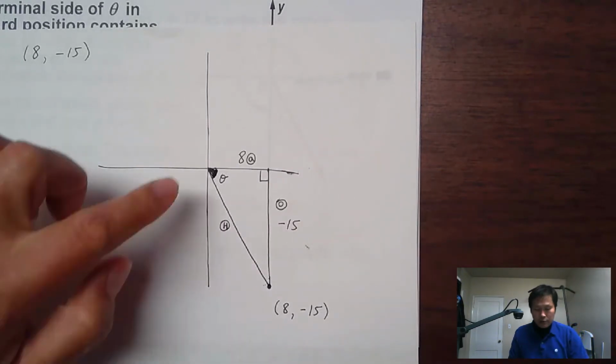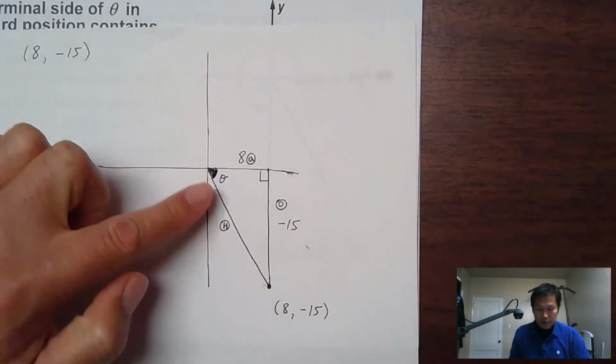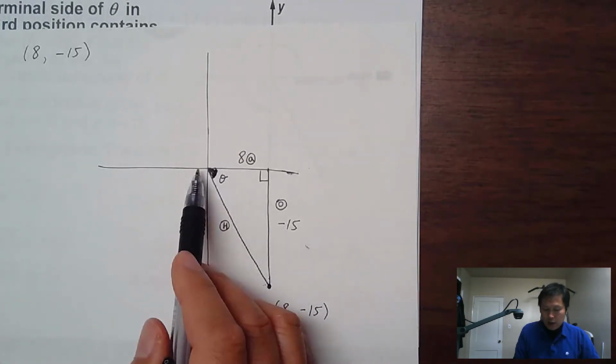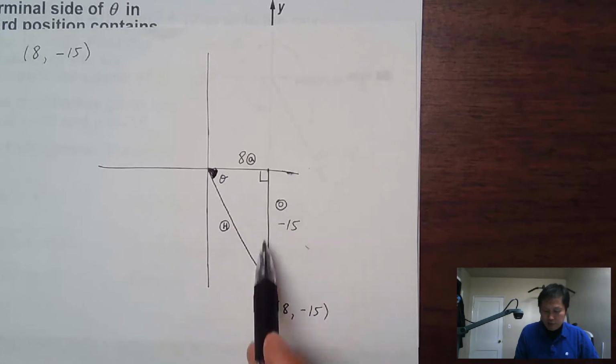You can calculate this missing length, the hypotenuse, using the Pythagorean theorem. So a squared plus b squared equals c squared.